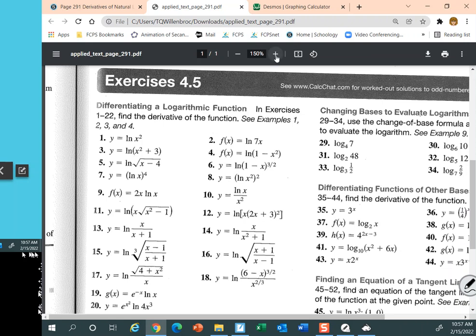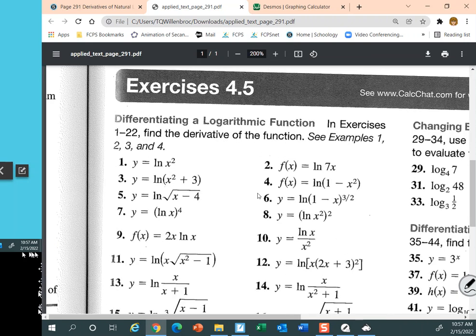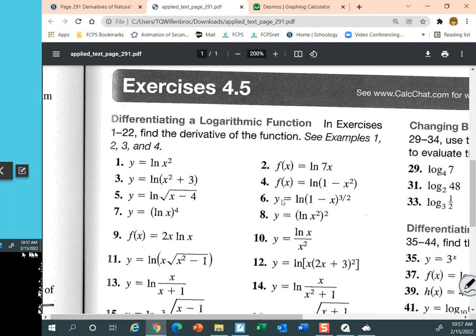If we check out these exercises, the first few are pretty straightforward, and then you start to get some twists and turns. So 1 through 4, pretty much hit those with your natural log rule. You should be in good shape.